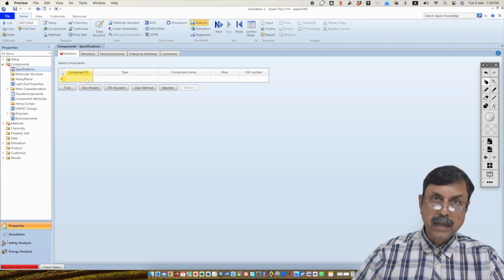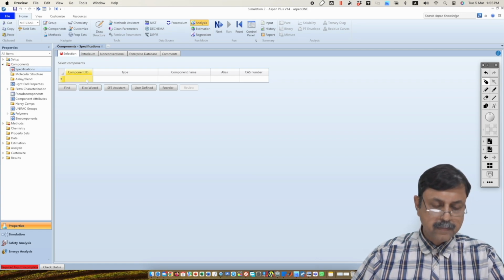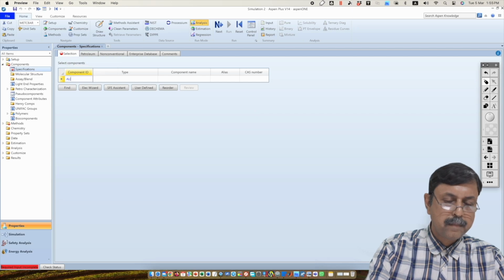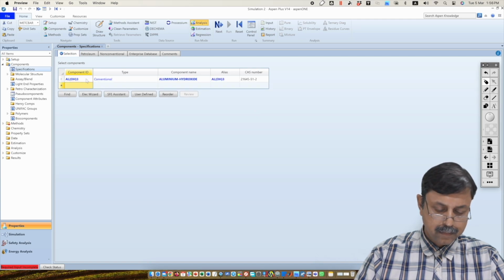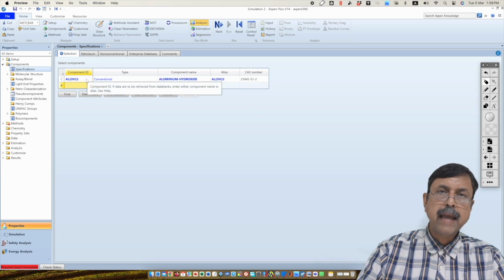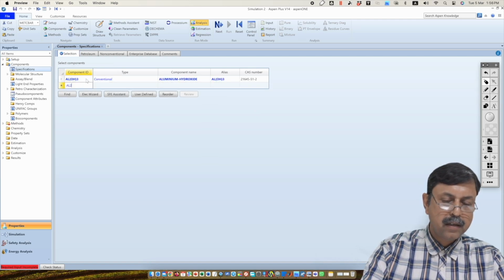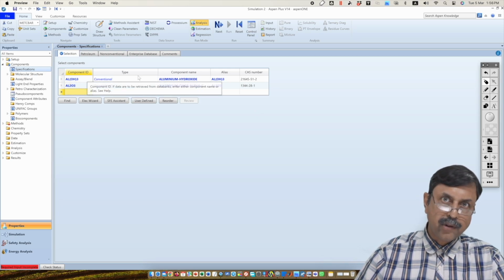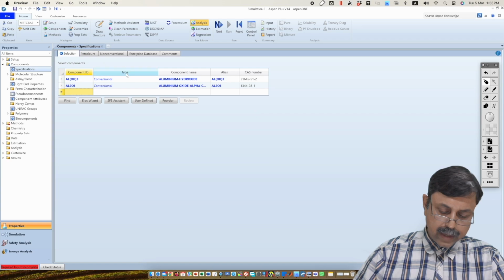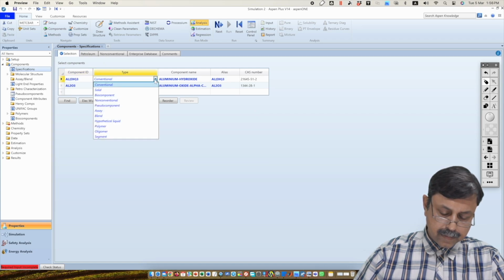We have aluminum hydroxide first, then aluminum oxide, and they are solids, right? So we have to say they are solids.